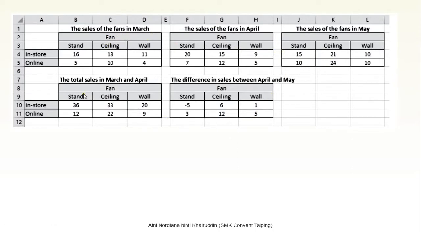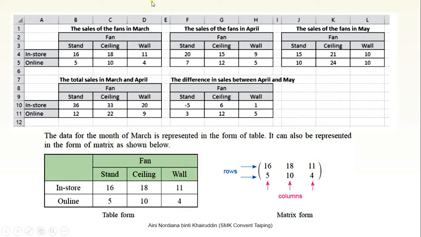Okay, so how do we write this in the form of matrices? The data for the month of March is represented in the form of a table. It can also be represented in the form of a matrix as shown below. Have a look at this table for the sales of the fans in March.